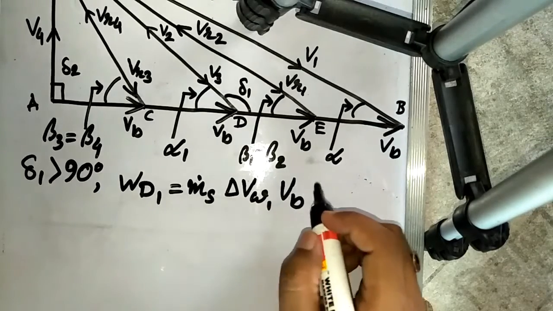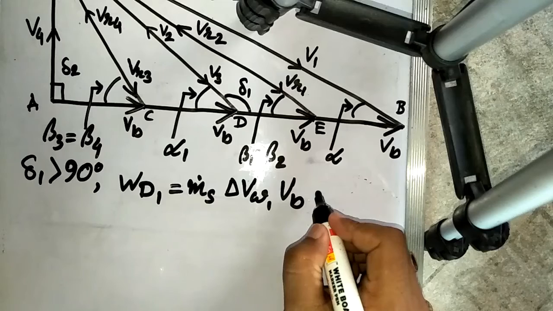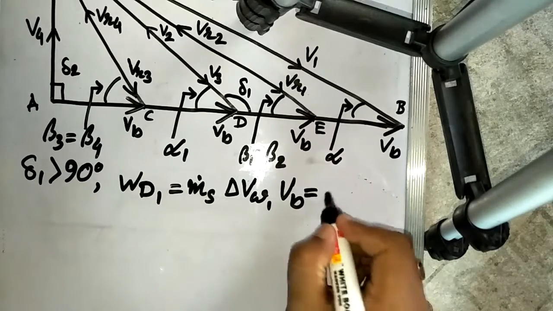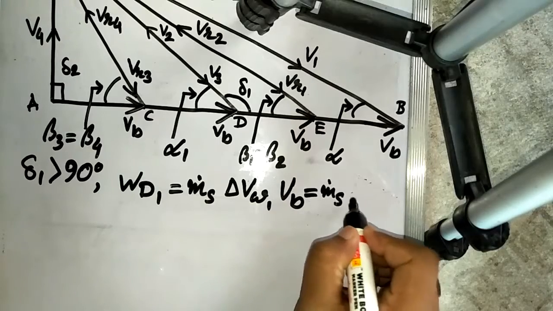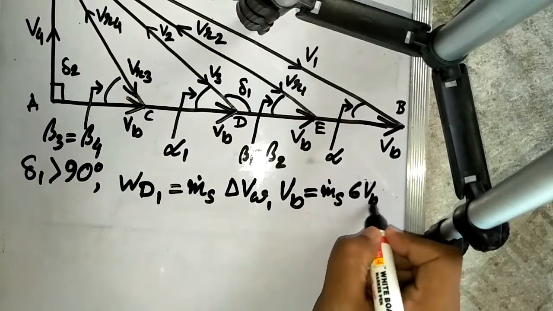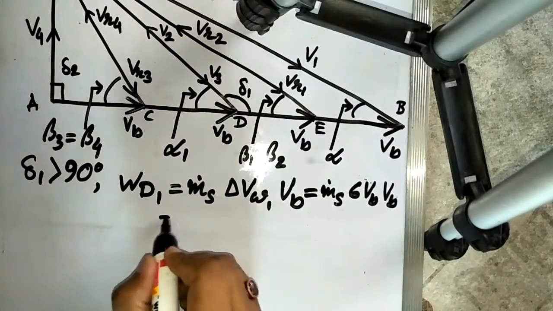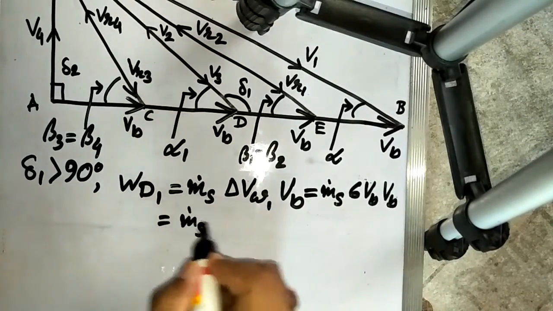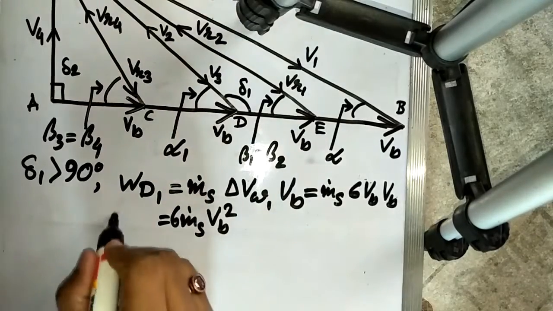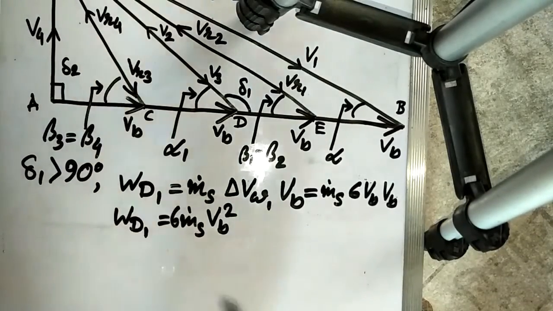By substituting the values, we get m dot s into 6 vb into vb, or we can write 6 m dot s into vb square. This is W_D1, the diagram work for the first row of moving blade.